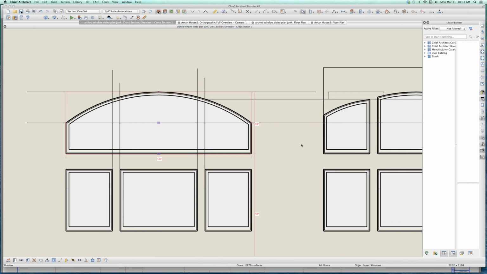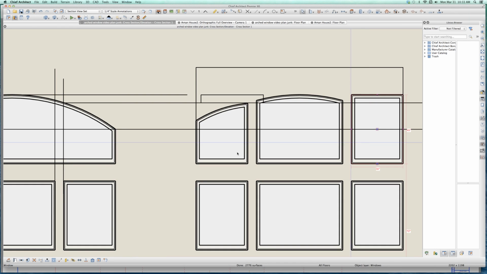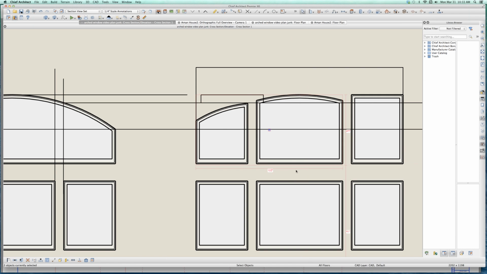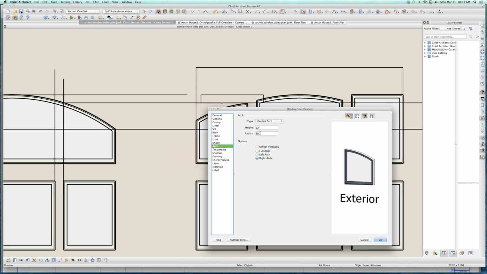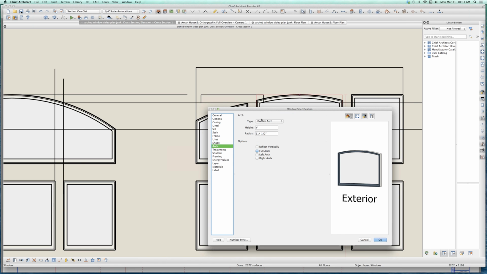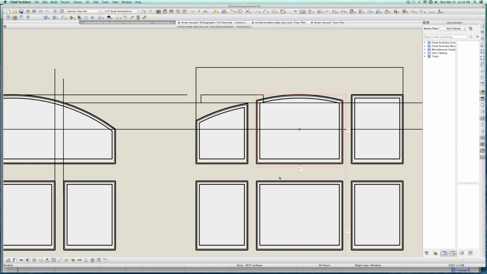Perfect. Cancel. So now I can come over to these windows here. This is a double arch, 120. Take this window right here, double arch. Change the radius to 120. It's a 120-inch radius.